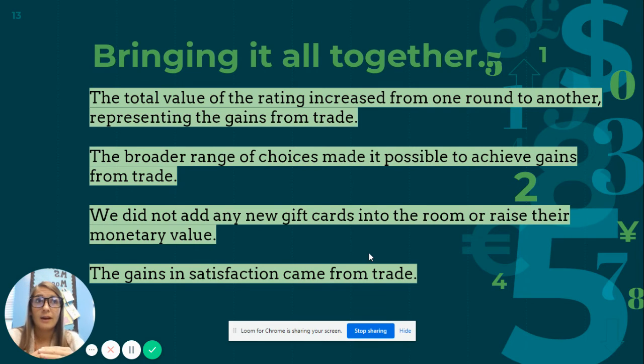And then when you have more people to trade with, more resources to choose from, your gain of satisfaction goes up and you're happier because you have access to goods that you wouldn't normally have. More people and more countries that trade with you equal more goods and more resources, and your gain in satisfaction increases.